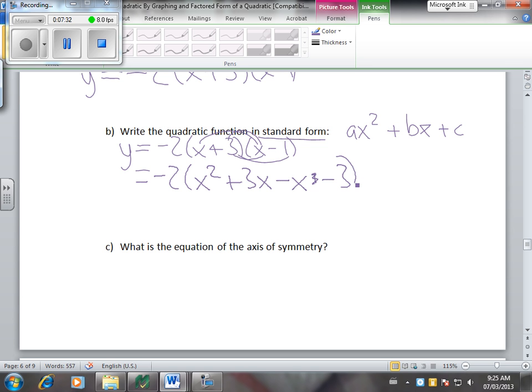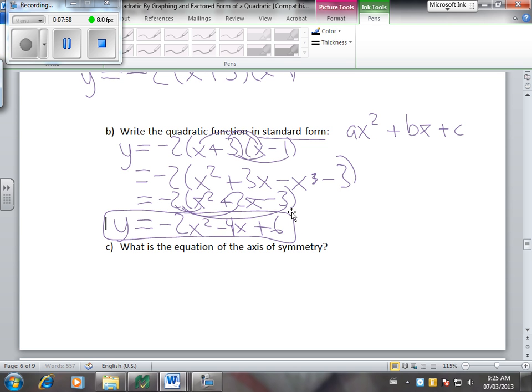And then you can add your like terms, so it would be x squared plus 2x minus 3, and then rainbow this out. So you end up with y equals negative 2x squared minus 4x plus 6.